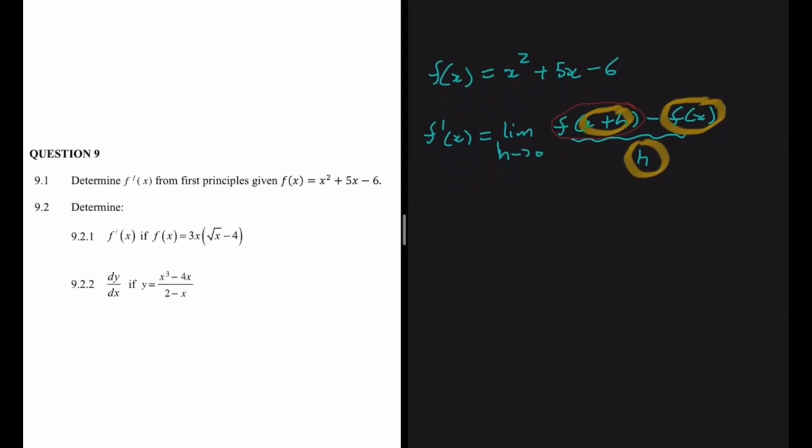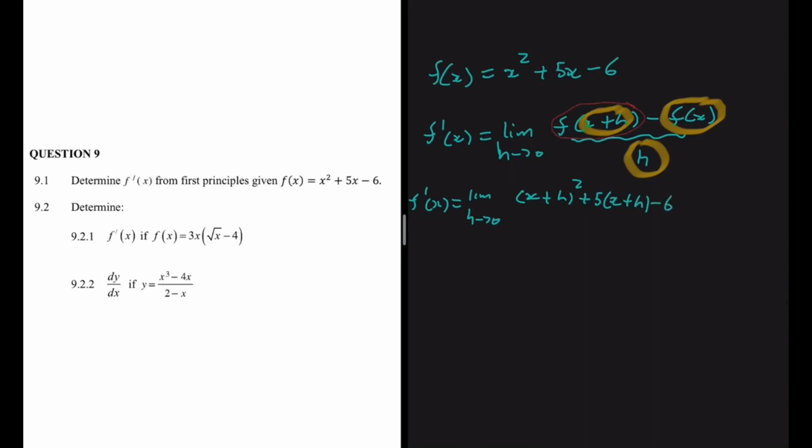So we have f prime of x equal to the limit as h tends to 0, and now let's write f of x plus h. So we have x squared. In place of x squared, we're going to put x plus h squared. And then plus 5x, in place of x we put x plus h, and then minus 6.